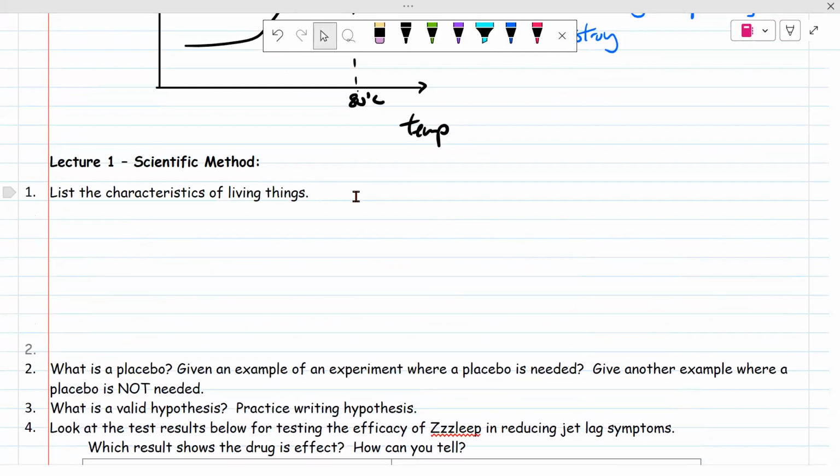List of characteristics of living things. This is one of the first things we learned.